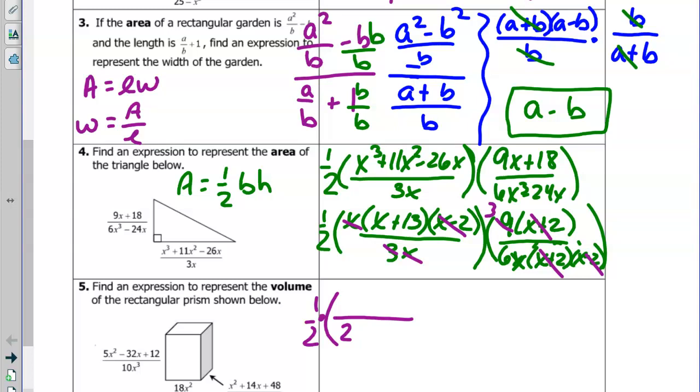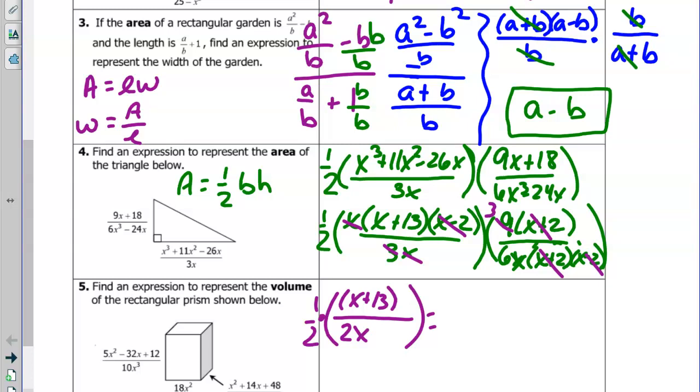We still have an x in the bottom, too, right? And x plus 13. We can clean this up. How would I clean it up? What would it look like once you put that 1 half in there? Messy. We're going to clean it up so it won't look messy. What happens to the 2 when I multiply that fraction?